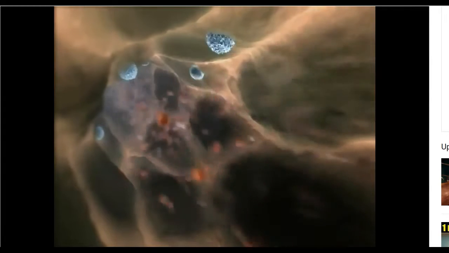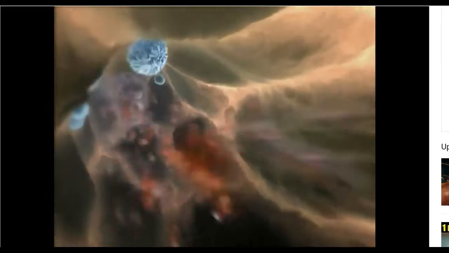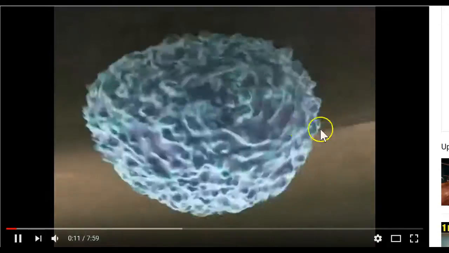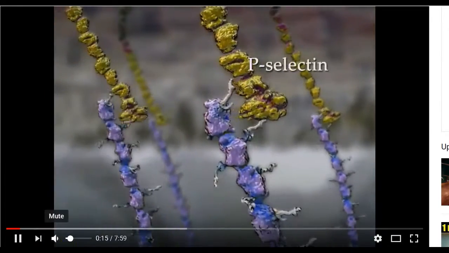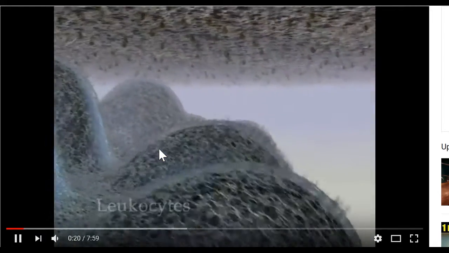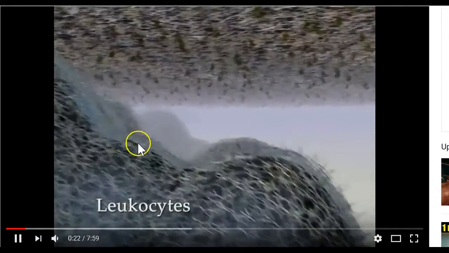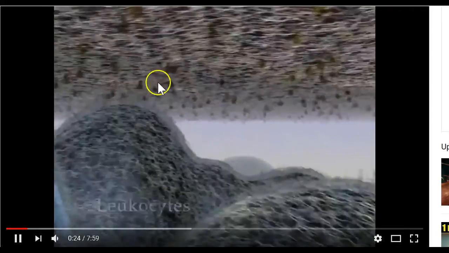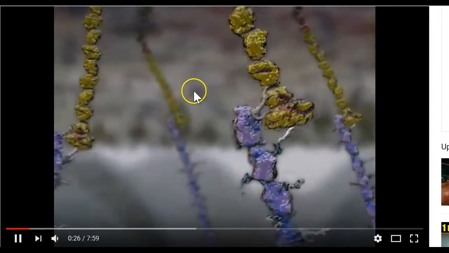So we're in the bloodstream, so this would be a capillary or a vessel, and these are white blood cells that are moving across. Now these are P-selectin fibers that extend off of the plasma membrane that enable it to move.